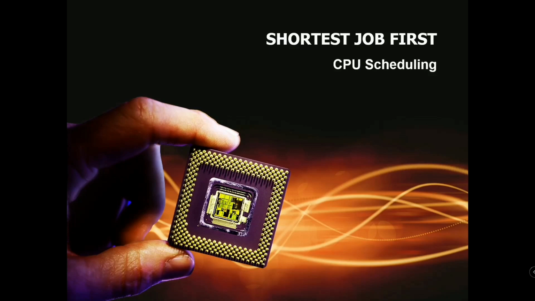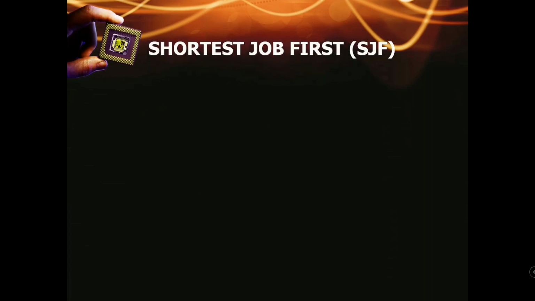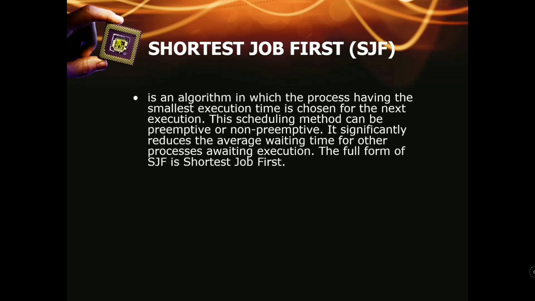Good day everyone. Today we are going to discuss shortest job first or SJF, a CPU scheduling method. Shortest job first or SJF is an algorithm in which the process having the smallest execution time is chosen for the next execution.